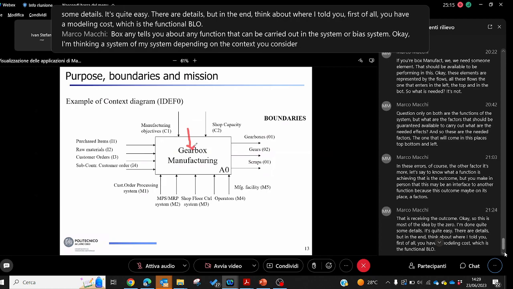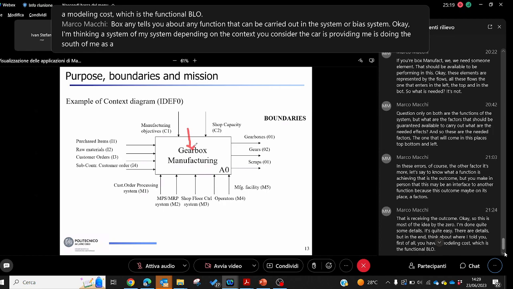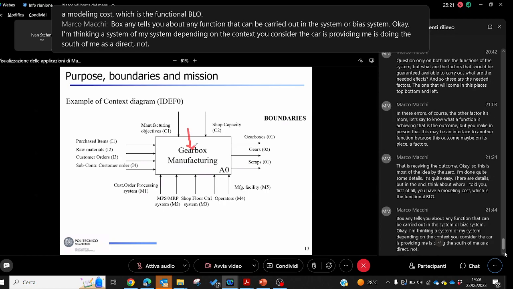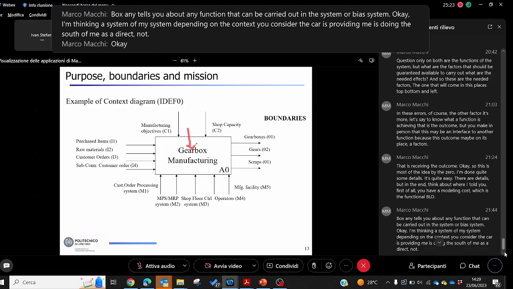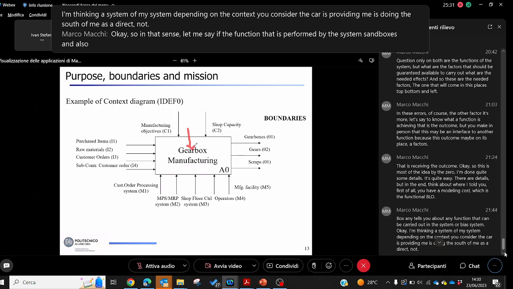The car is doing some function for me as a car driver. Okay? So in that sense, let me say it's the function that is performed by the system, some boxes. And also what is needed to perform the function, the factors you see as flows in and out. Okay? Clear?